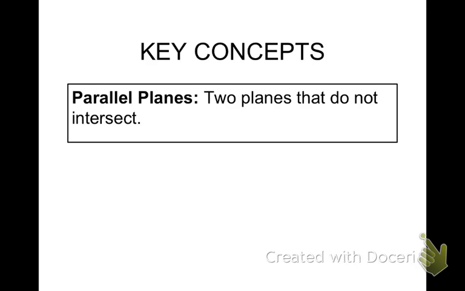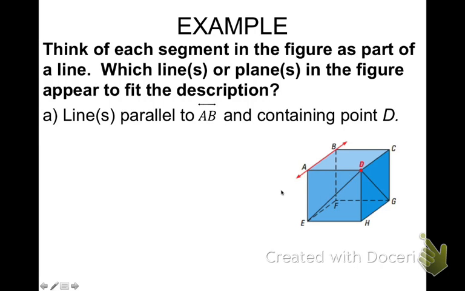So using that, let's look at this diagram here and see if we can pull it apart from an actual three-dimensional figure. So think of each segment in the figure as part of a line. Which line or lines or planes in the figure appear to fit the description? All right, so lines parallel to line AB. So line AB is this red line shown.